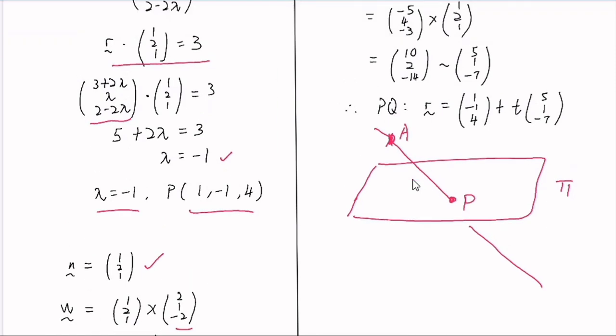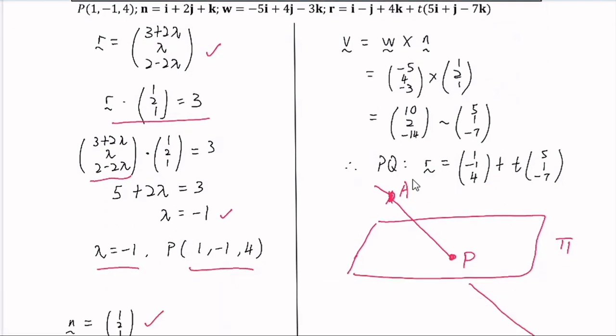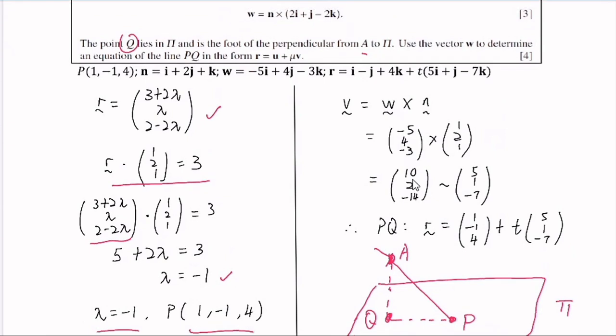This is the situation that we have just now. Now this is a point Q. Point Q is in the plane, and it is the perpendicular foot from A to the plane. This is the situation for the point Q.